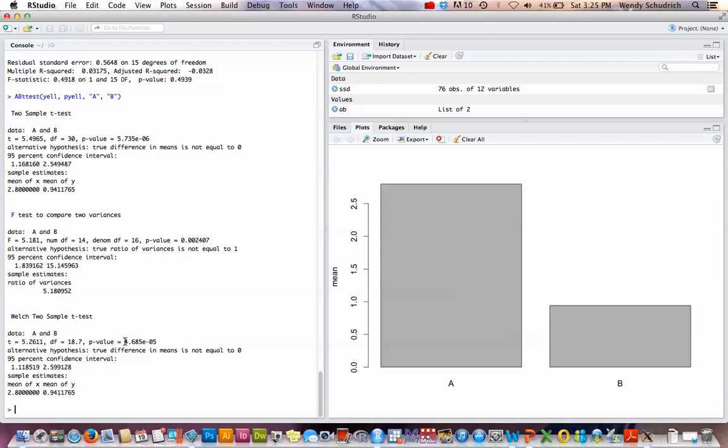So you get two forms of the t, one for equal variance is assumed, and one for unequal variance is assumed. Then it also does a test of equality. And so based on that, they're not equal variances, so you use the unequal variance version of the t-test.